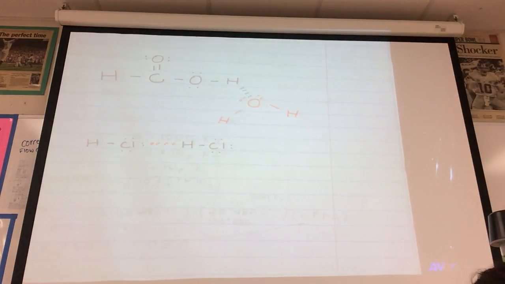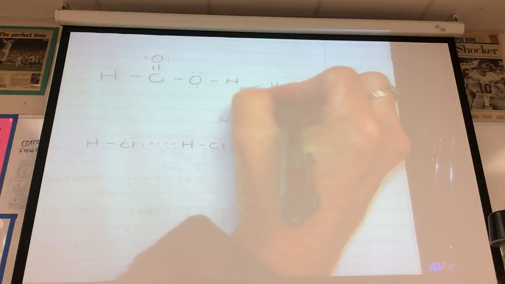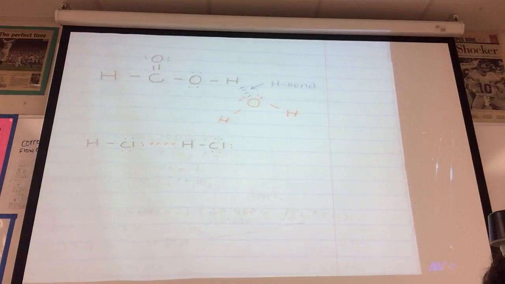It's always dots. It can be a line, whatever you want, just some sort of force. I wouldn't make a line because a line represents a bond. And it's really a shame that this is called a hydrogen bond because it really should be called a hydrogen force. I think it'd be easier for you.